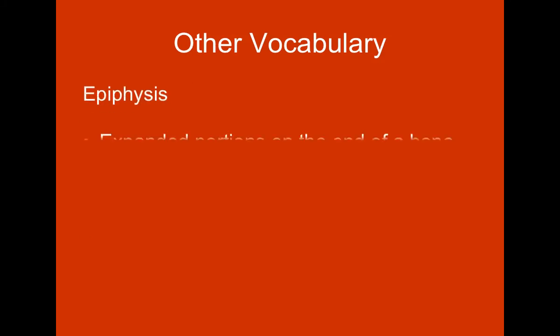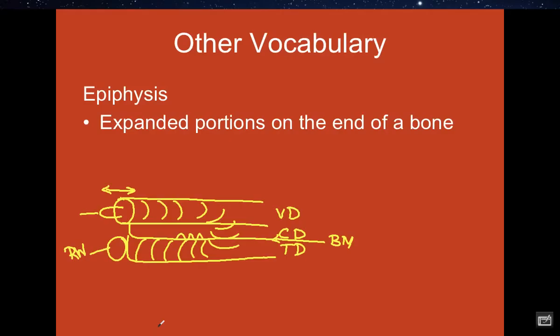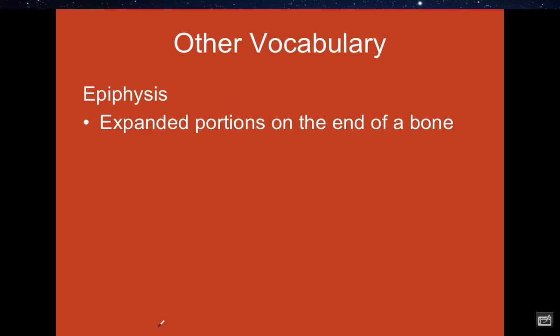The epiphysis are the expanded portions on the end of the bone. So let me put together epiphysis and diaphysis for you here. Okay, so if I draw a bone, I know, I'm such the artist, aren't I?